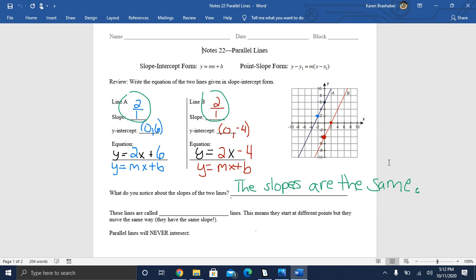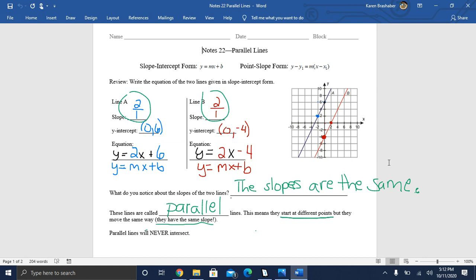And so we will say that these lines are called parallel lines. P-A-R-A-L-L-E-L. It's kind of a hard word to spell. Parallel lines. And that means that they start at different points, but they move the same way. They have the same slope.